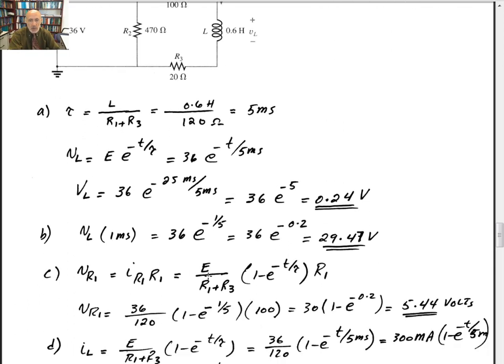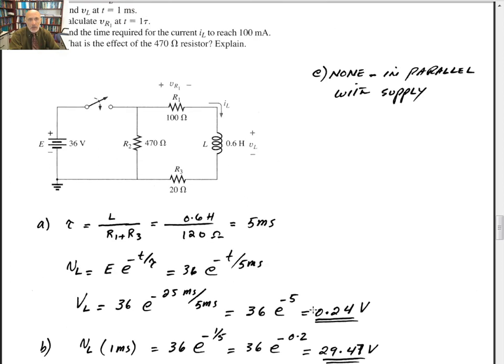So that's 36 divided by 120 for R1 plus R3, times 1 minus e to the minus 1 time constant, this is 1 divided by 5, times 100 for resistance R1, and that comes out to be 5.44 volts.